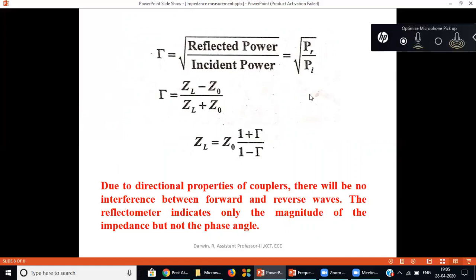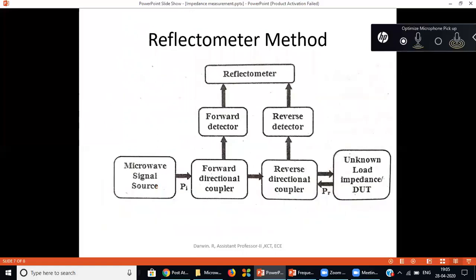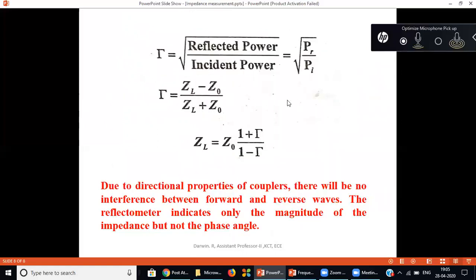You can write the formula like reflection coefficient is equal to root of reflected power by incident power, or generally we say it as magnitude of reflected wave by magnitude of incident wave. If it is in terms of power, take the root. And gamma can also be written as ZL minus Z0 by ZL plus Z0. We have seen this in the first slide.